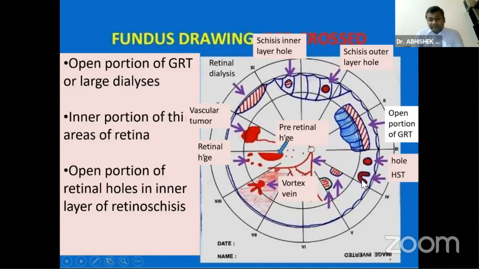A horseshoe tear can be drawn as a horseshoe with solid red and outlines of blue. A simple retinal hole can be drawn as solid red with a blue outline. And schisis, if it has an outer layer hole, then we can just draw it like a normal hole as described, whereas the inner retinal layer hole can be described as red linings with blue outlines.